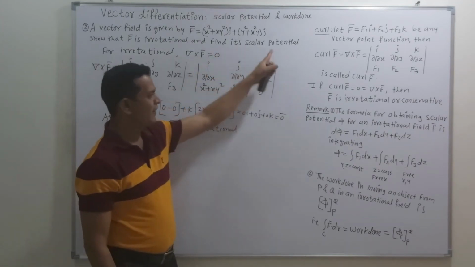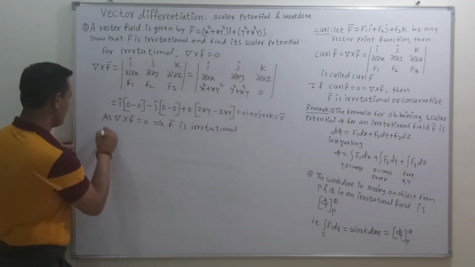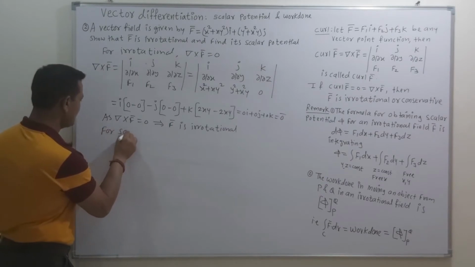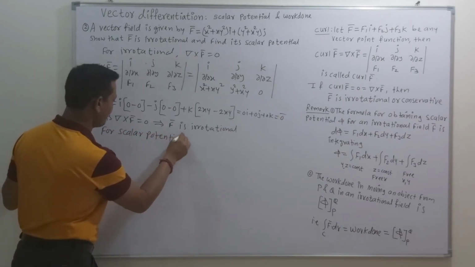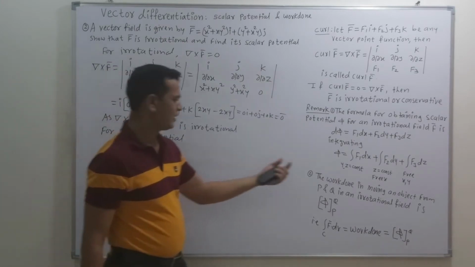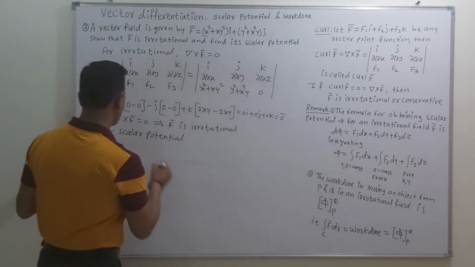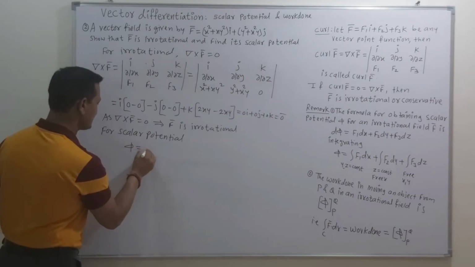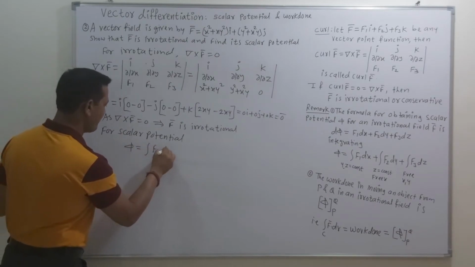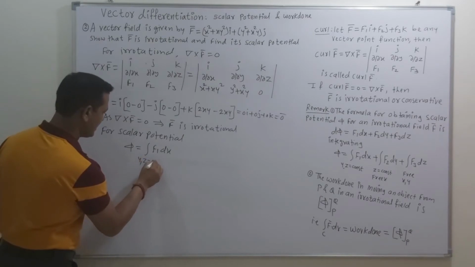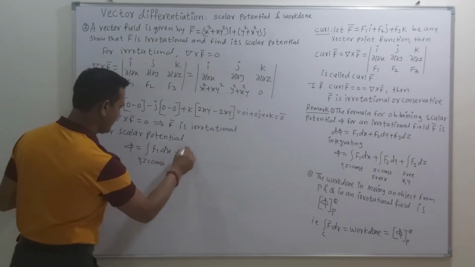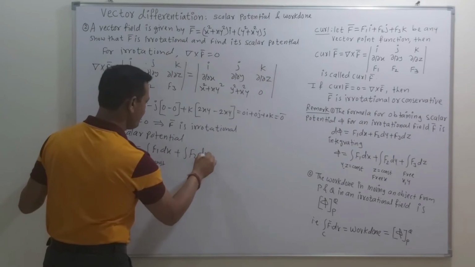Now friends, find out its scalar potential. So for scalar potential, we know the formula. So this is the formula for scalar potential. So we can write phi as integration of f1 dx. For the first integration, y and z is constant, plus integration of f2 dy.